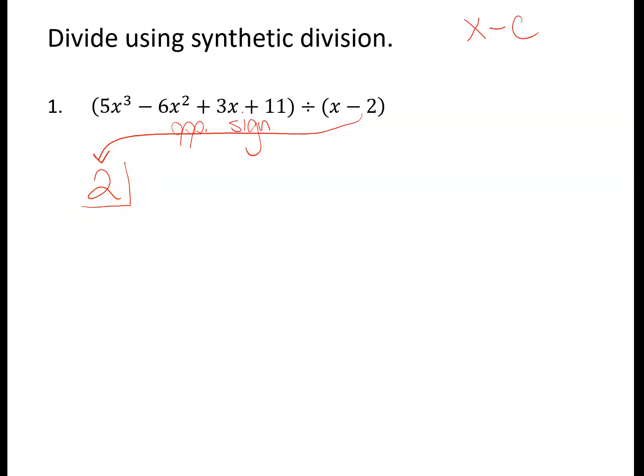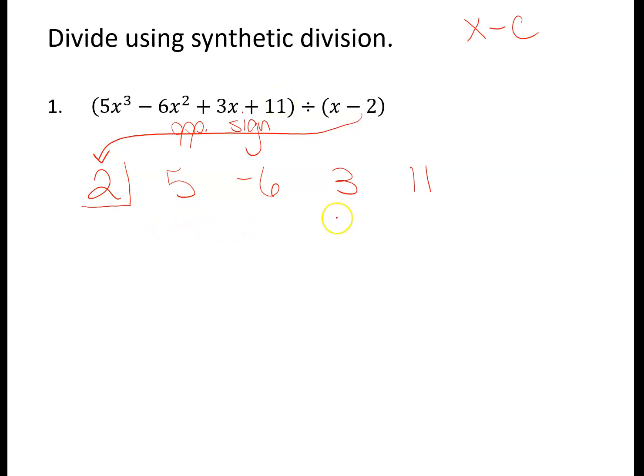Now out to the right of the 2, we are going to put the coefficients of the dividend, and those keep the exact same signs. So we would put the positive 5, leave some space, negative 6 coming from our x squared, positive 3, and positive 11. So those are the coefficients from the dividend. Exact same signs that you see in your dividend.